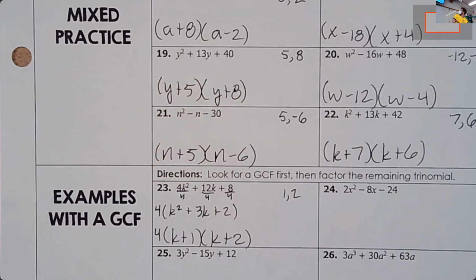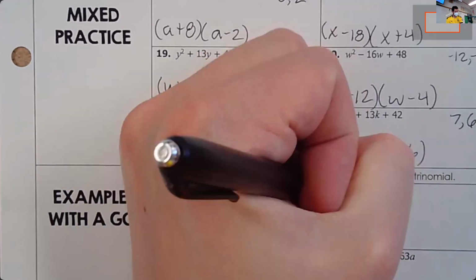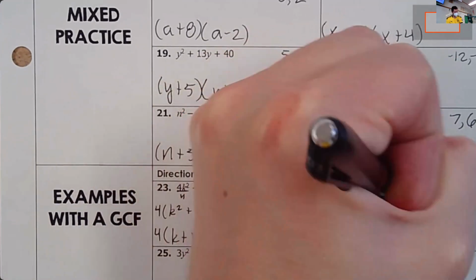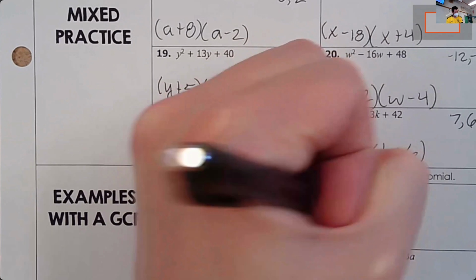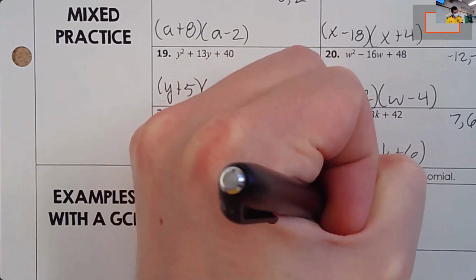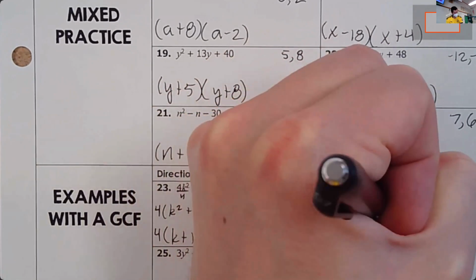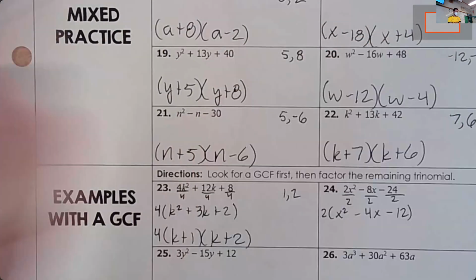Let's check out 24 then. What's the GCF of 24? What can we divide out of all 3 terms on 24? 2, yeah. We need to divide a 2 from the 2, the -8, and the -24. So 2 times x squared minus 4x minus 12. So this time we have a minus and a minus.